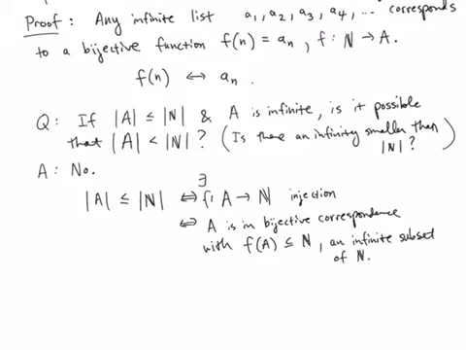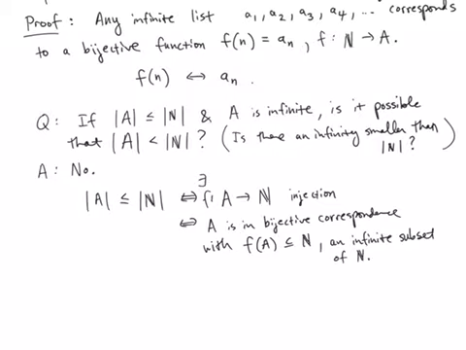And so the equivalent question is, does every infinite subset of the natural numbers have the same cardinality as the natural numbers itself? Or is it possible that there's an infinite subset of the naturals that has a strictly smaller cardinality?